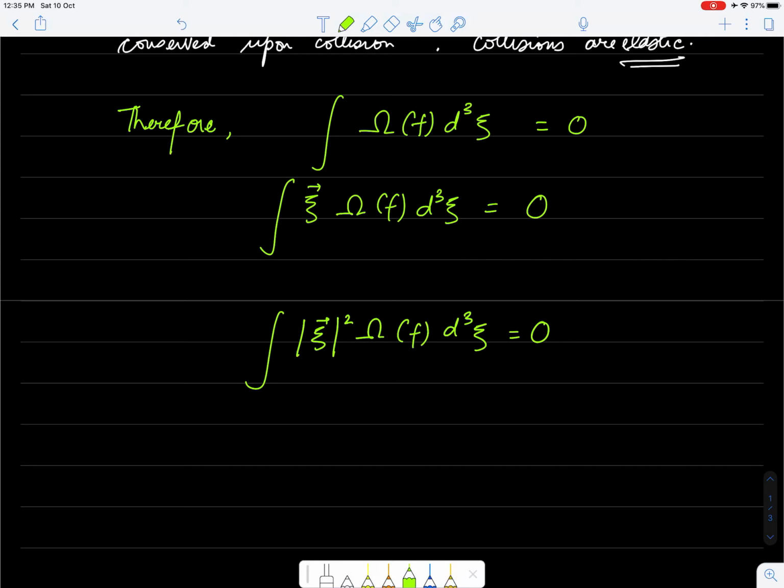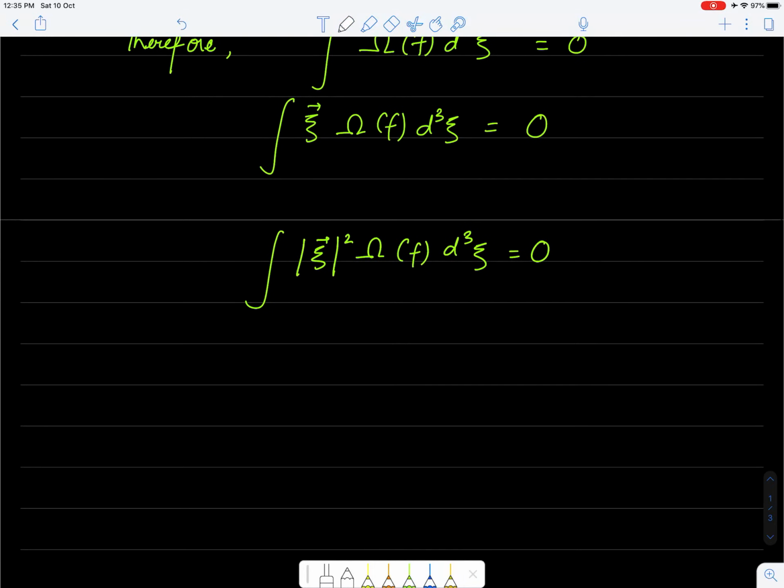Now, as we will see later, the Boltzmann collision operator is a cumbersome double integral in phase space.